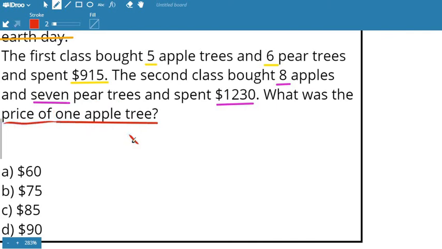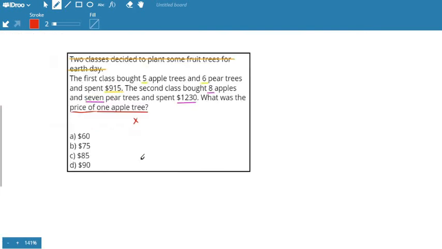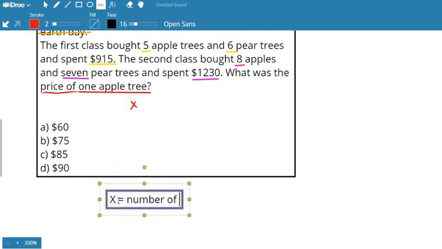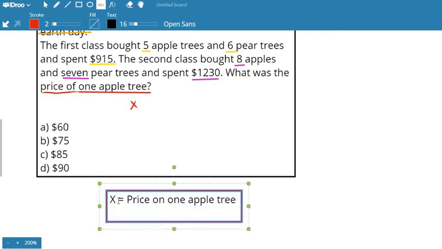Let's mark it x. If I am taking this as x, my x equals the price of one apple tree. Then there is another thing, pears.